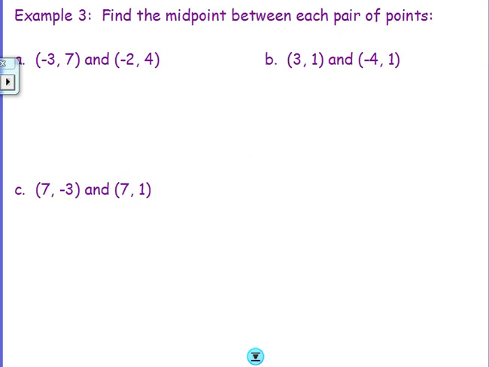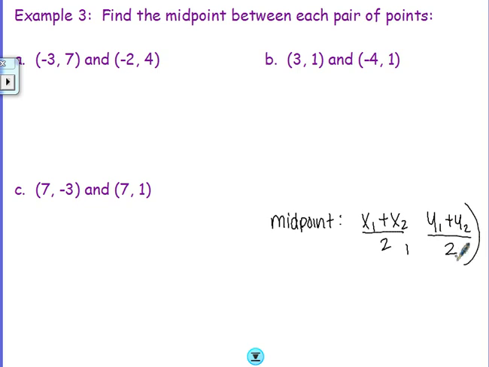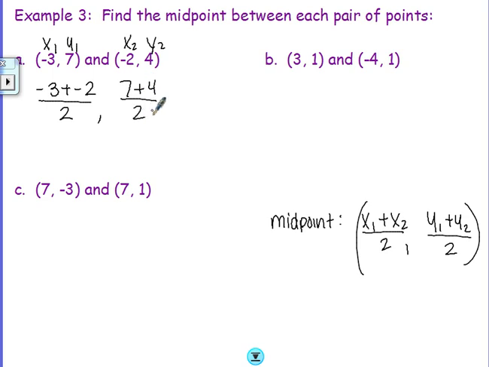So find the midpoint between each pair of points. We just said the midpoint formula was to add the x's together and divide by 2. Add the y's together and divide by 2. So if I label my points x1, y1, x2, y2, -3 plus -2 divided by 2, 7 plus 4 divided by 2.